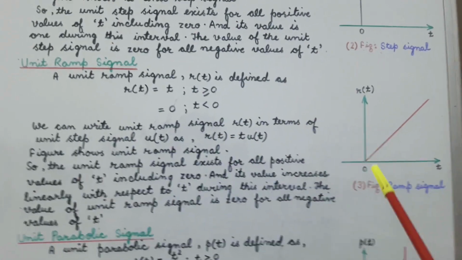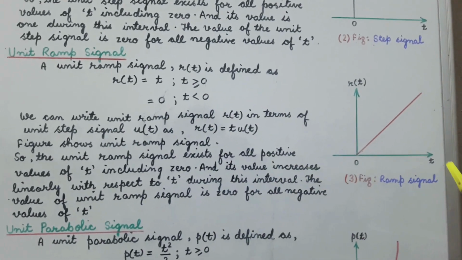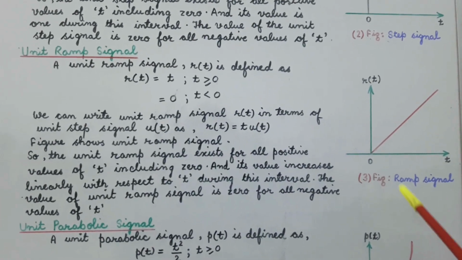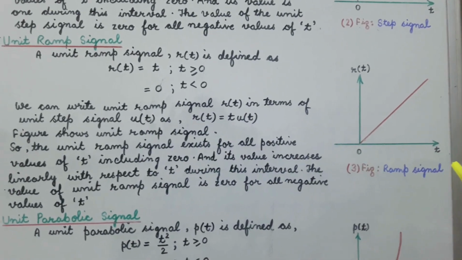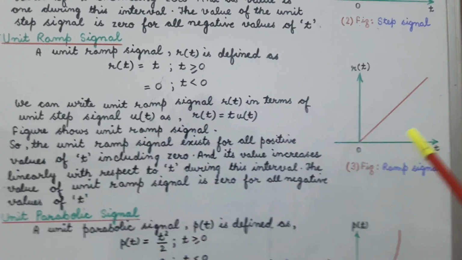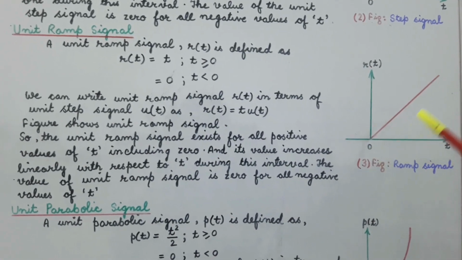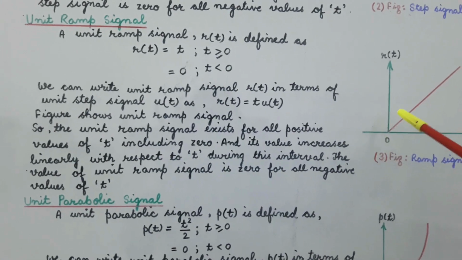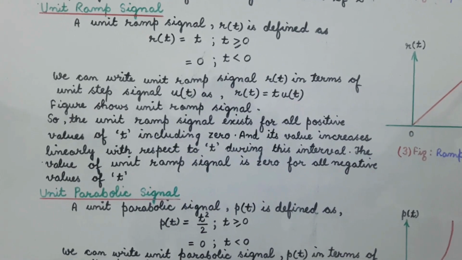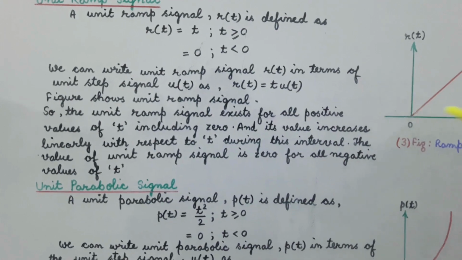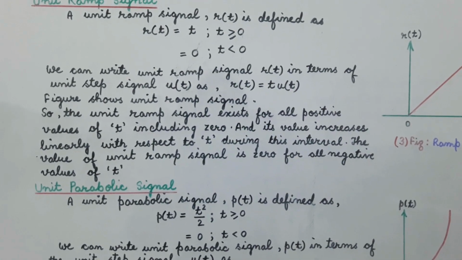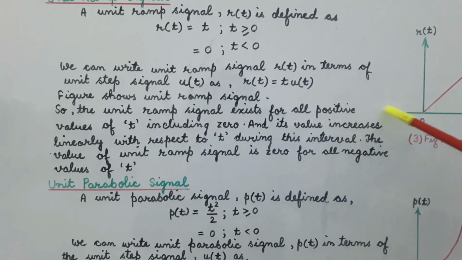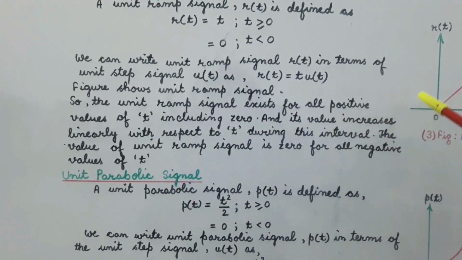So, we can plot a unit ramp signal graphically as shown in the third figure. From this figure we find that the ramp signal exists for all the positive values of t including 0, and its value goes on increasing linearly with respect to time during this interval. Also, we find that the value of the unit ramp signal is 0 for all negative values of t.